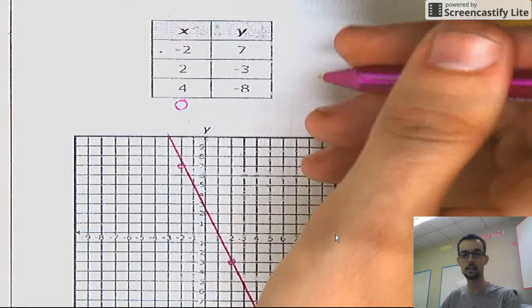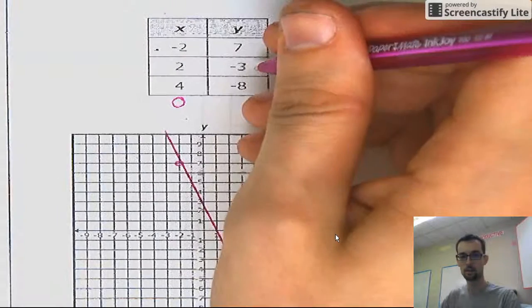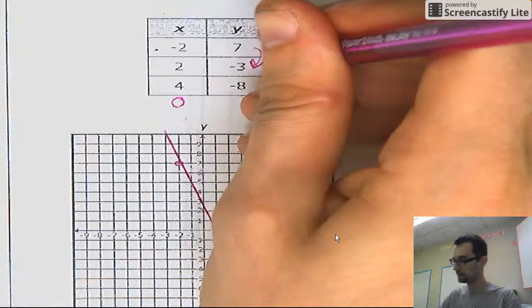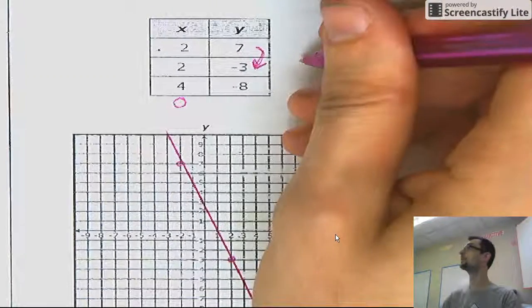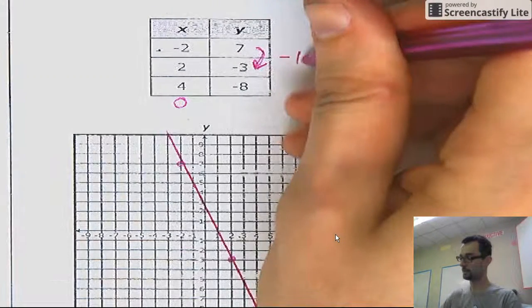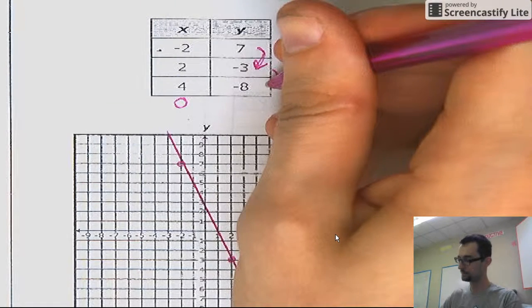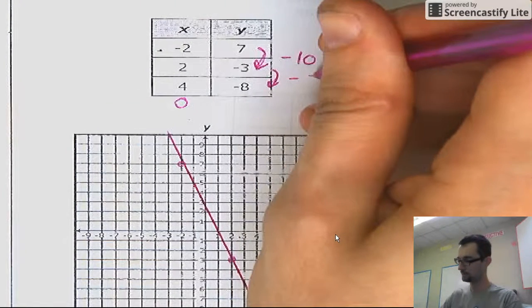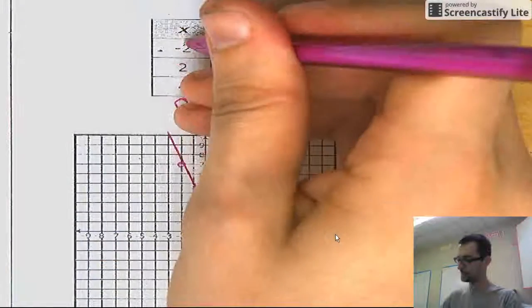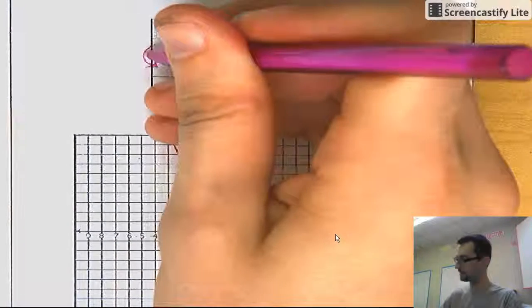That is a decrease of 10. All right. I have a decrease of 10. Here I have a decrease of 5. Here I have an increase of 4.